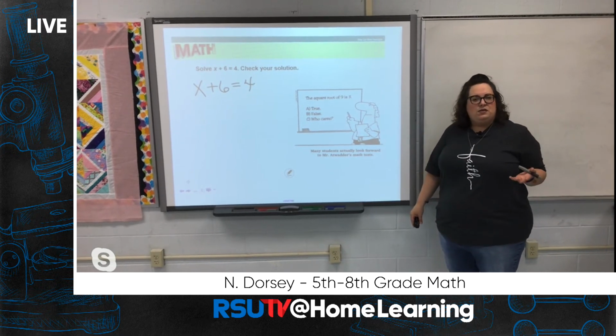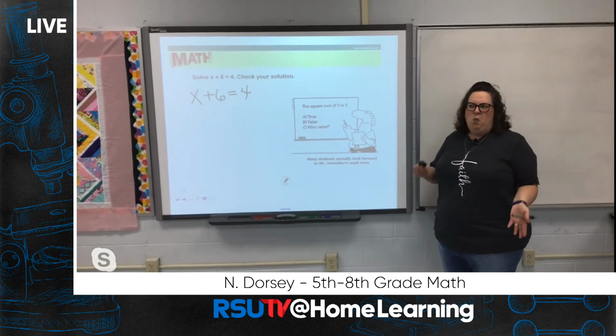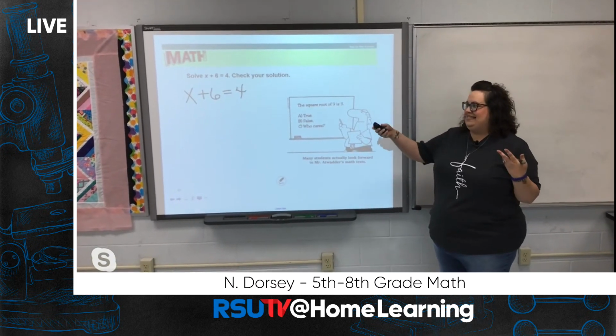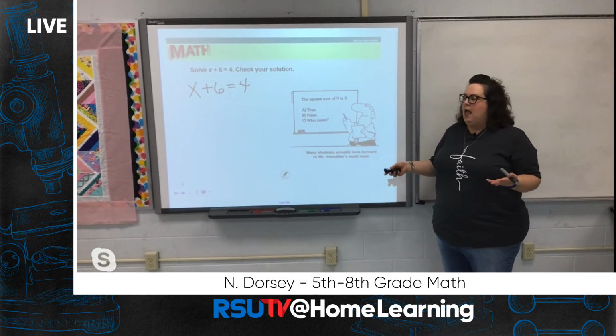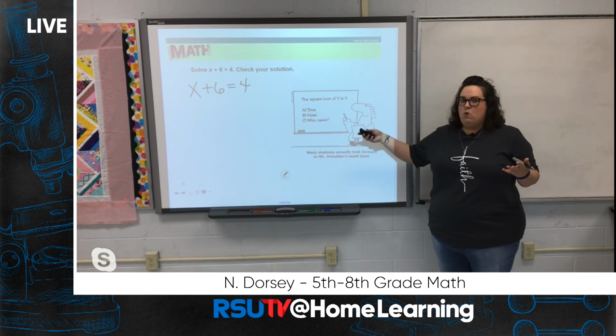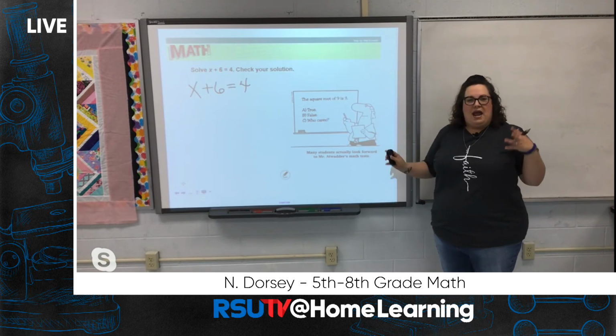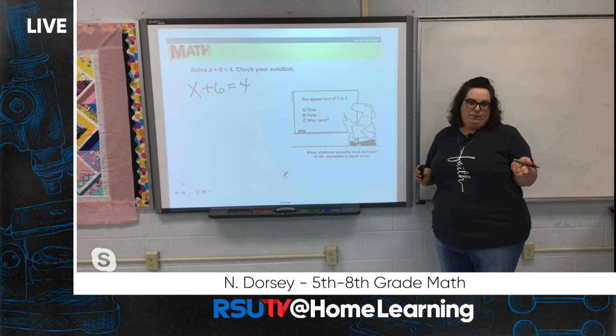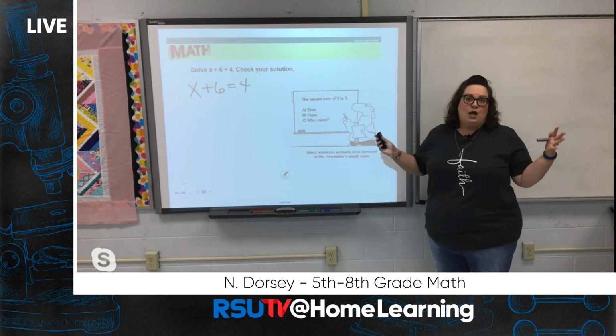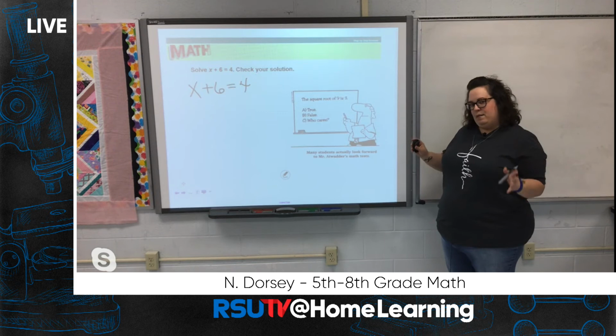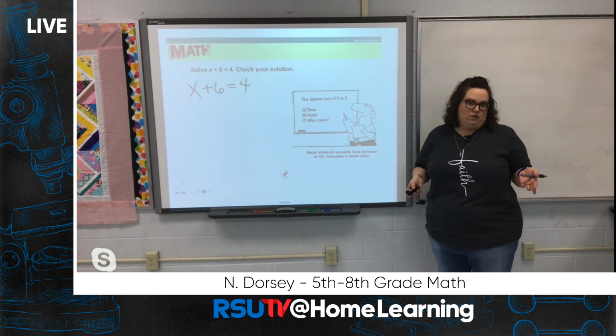So sometimes students get confused, well, what do I move first? Because I see a 6 and a 4. And some kids want to move the 4 to the other side. But I have kind of like a silly story. In the land of algebra, my numbers and my letters don't like each other.